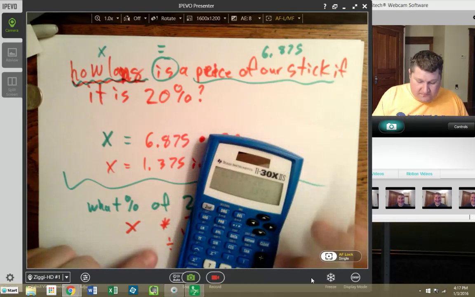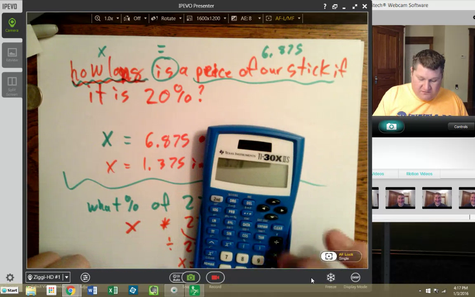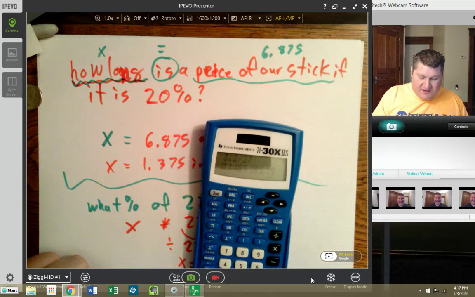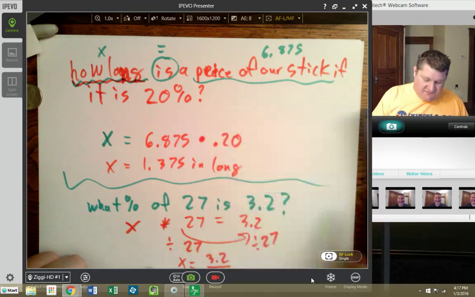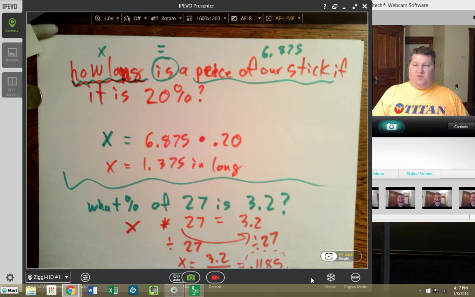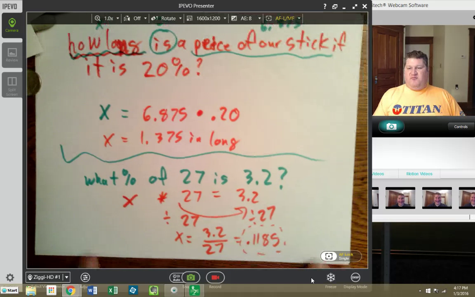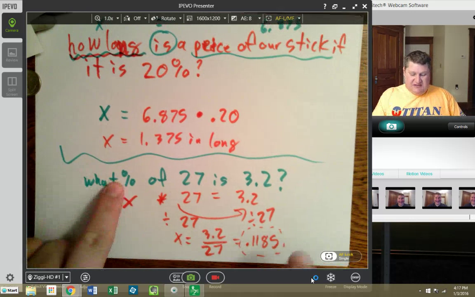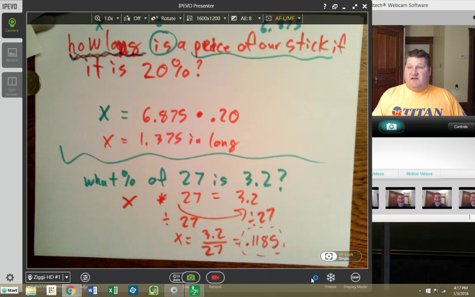So here we go. 3.2 divided by 27. Answer is 0.1185. Now, my question is, can I leave 0.1185 as my answer for what percent? Is 0.1185 a percentage?